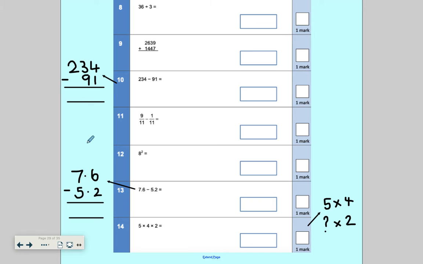So here we go, just a quick reminder for these ones. We have number 10. We must make sure we set it out in our column addition and subtraction. It's so much easier to set it out like this, and it makes it easier for you to see as well. When you work it out, you can see all your numbers clearly and you can do your exchanges properly. So remember we're doing our 4 take away 1, which we can do. Can you do 3 take away 9?